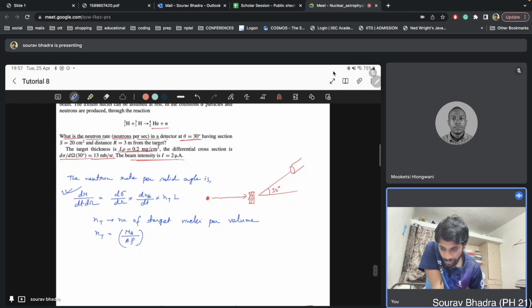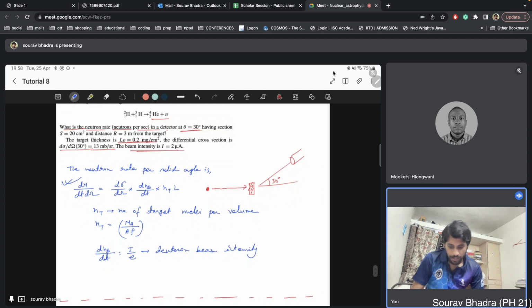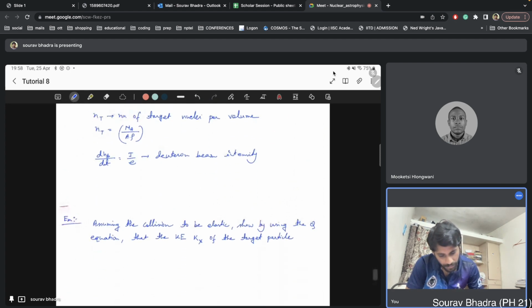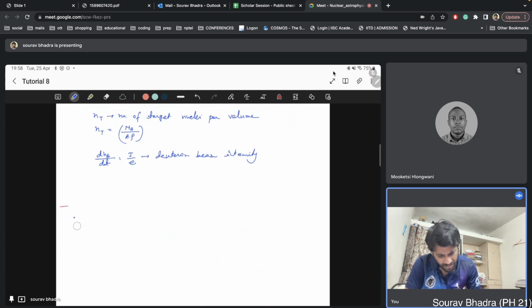We will use this, and dNb/dt can be written as I by e, which is the deuteron beam intensity, the projectile beam intensity actually, and the solid angle. I will not do this problem further because it is not relevant to this course.